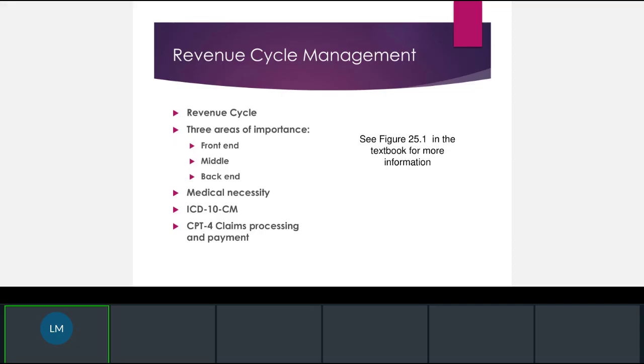The middle process is where the charges are implemented, and there's clinical documentation and coding to support what was done. And then the back end is where you actually process the claim, payment posting, any follow-up collections, and denial management. So those are your 3 processes for the revenue cycle.